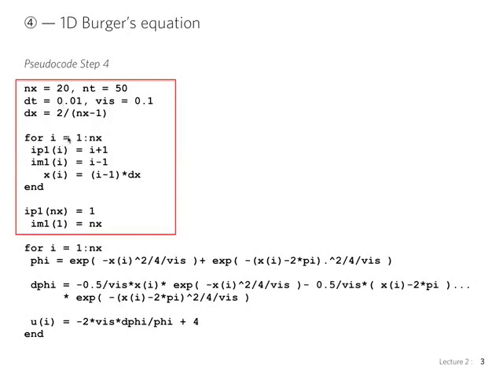Then we have auxiliary variables for our difference formulas, which are just i plus 1 and i minus 1. We also have the initial point and the final point, which we use to establish the periodic boundary conditions. So this is just the setup with our numerical parameters.